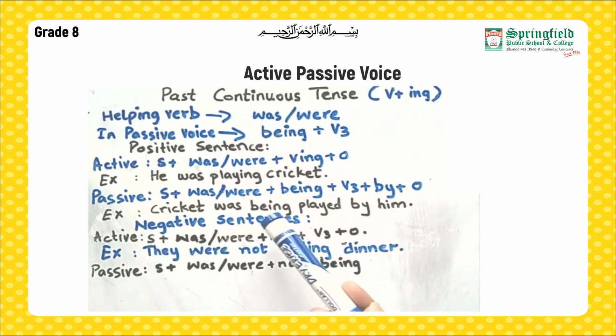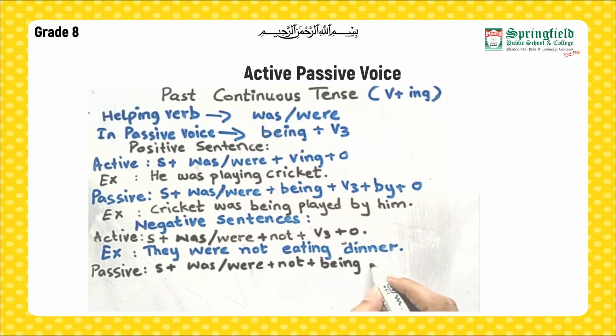When we have to convert it into passive voice, the formula is subject plus was/were plus not plus being plus verb third form plus by plus object. Let's see how it is going to be.